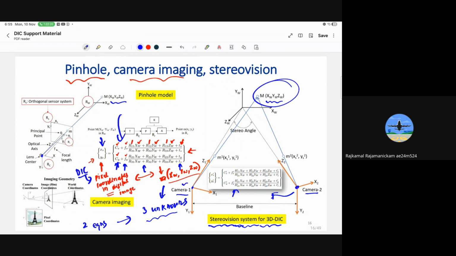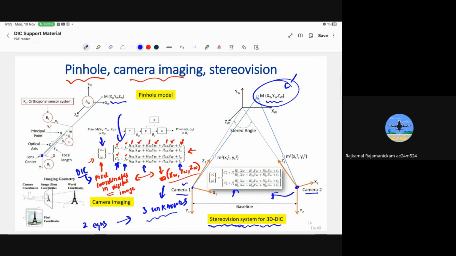So we'll try to understand this one. We'll first finish the formulation of all the transformations, and then we'll talk about 3D DIC. Finally we'll see that a single camera will not be able to give us 3D coordinates, XW, YW, ZW, but a single camera can give us two coordinates for a particular point.